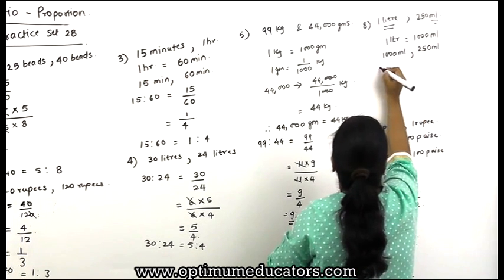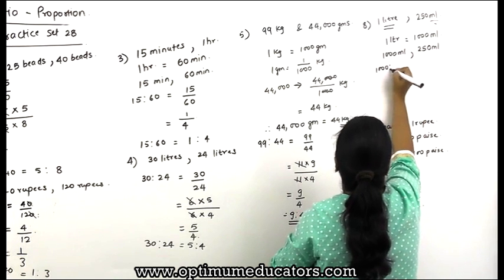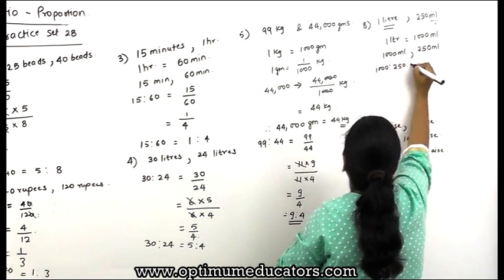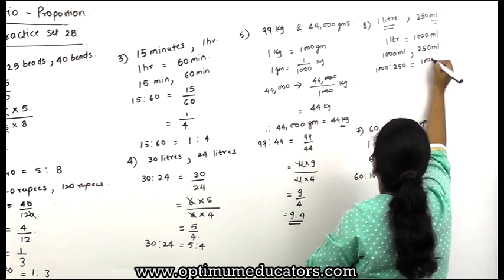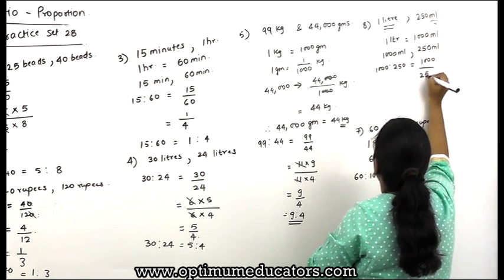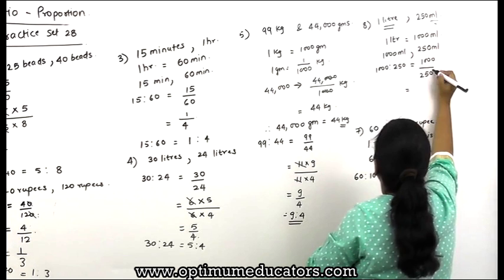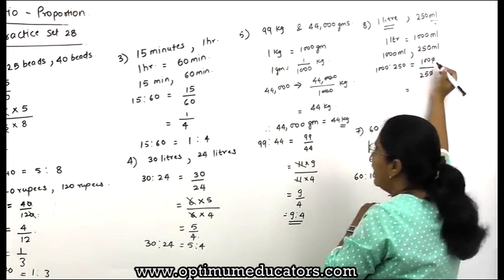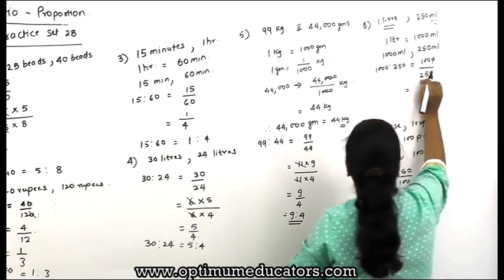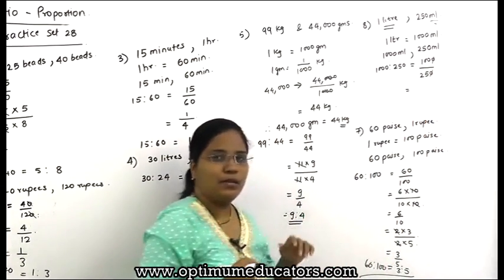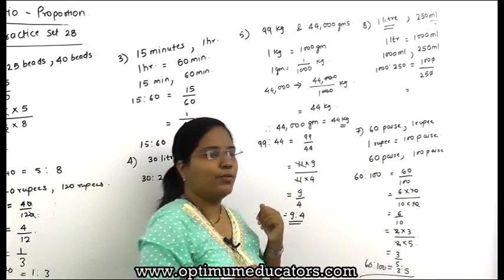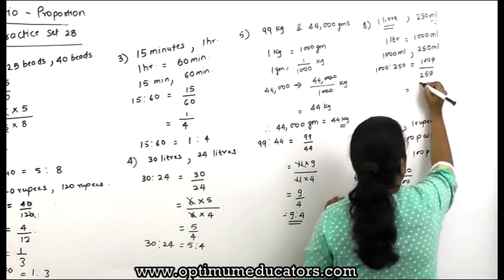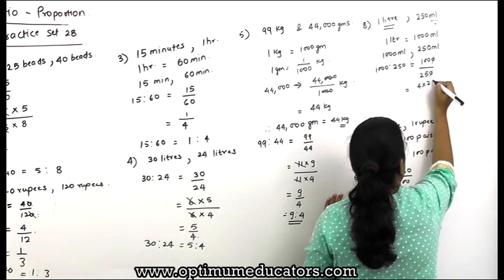So this is the same as saying 1000 is to 250, which is nothing but 1000 upon 250. The 0 at the unit place cancels off, we have 100 and 25. But what is 100? 100 is 4 into 25.